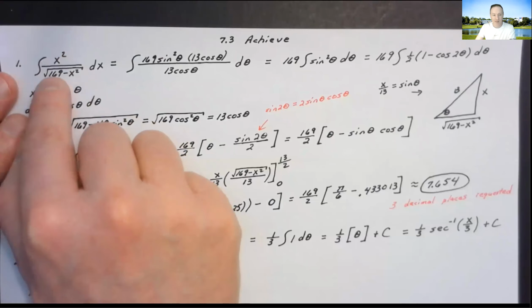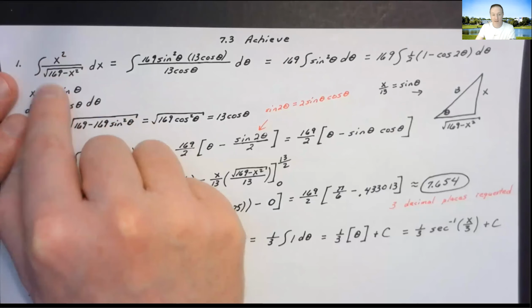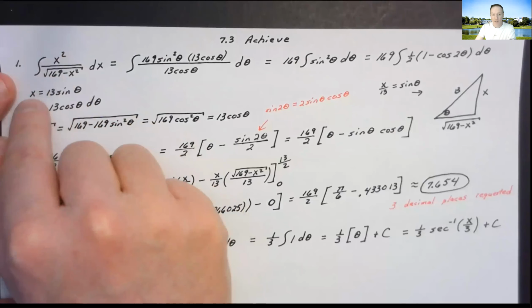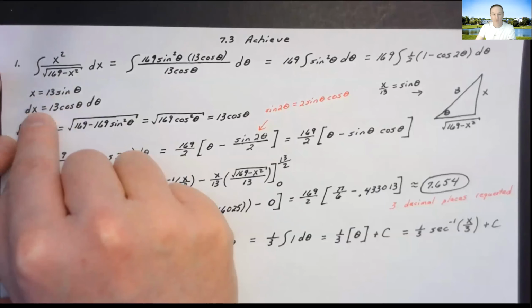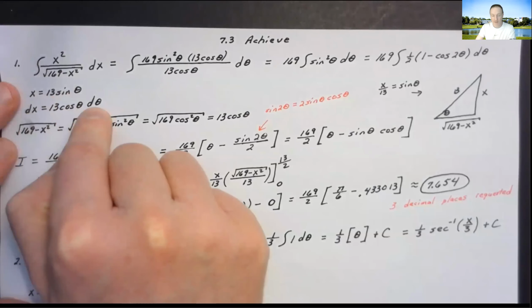Anytime you see a squared minus x squared, you're supposed to let x equal a sine theta. The square root of 169 is 13, so I'm going to let x equal 13 sine theta. Now dx: the derivative of 13 sine theta is 13 cosine theta with respect to theta.